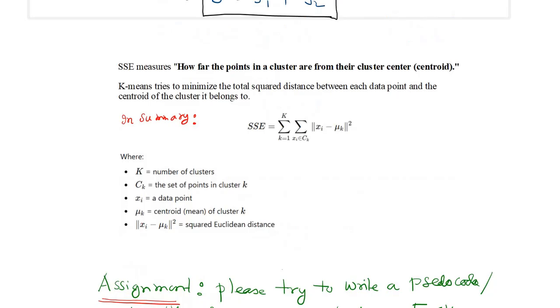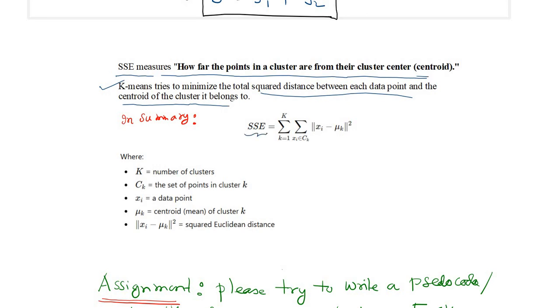What does this measure? It measures how far the points in a cluster are from their cluster center. So that means K-means tries to minimize the total squared distance between each data point and the center of the cluster to which it belongs.